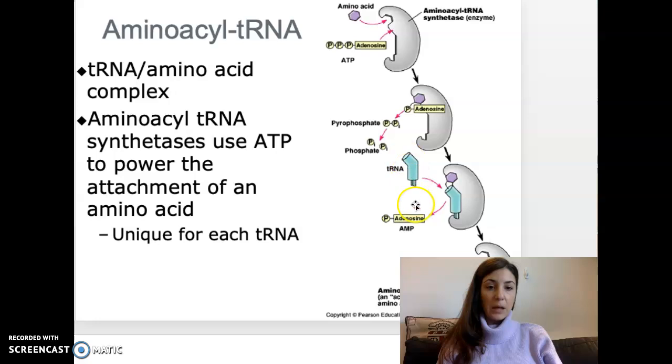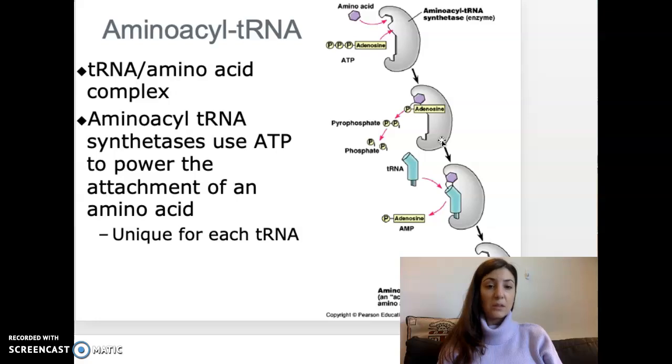We're going to see here we have the tRNA. It has the anticodon at one end, and it will have a binding site, an attachment site for an amino acid. So what's going to happen is this biochemical reaction. Just like we learned enzymes in our biochemistry unit, they're going to come into play in this unit as well. So we have a set of enzymes. This gray blob here represents a set of enzymes called aminoacyl tRNA synthetases.